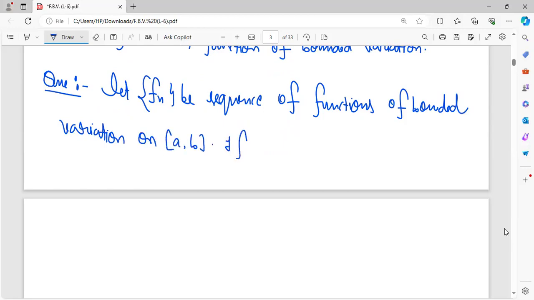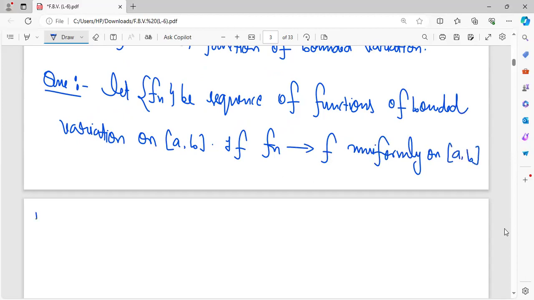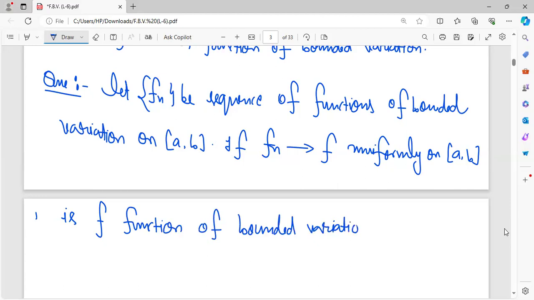If Fn converges to F uniformly on closed interval AB, is F a function of bounded variation on closed interval AB or not?